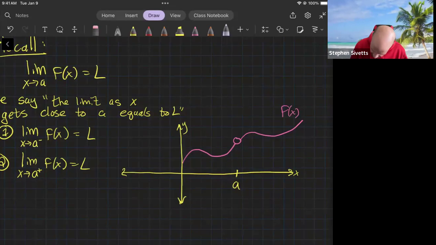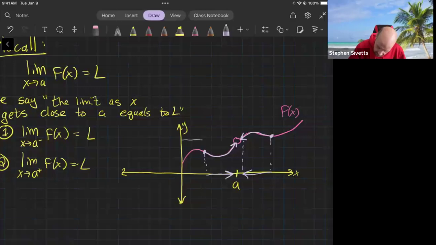If I approach a in this direction, this will correspond to points that are on this portion of the function. And if I approach a this way from the right, this will correspond to points on that portion of the curve.